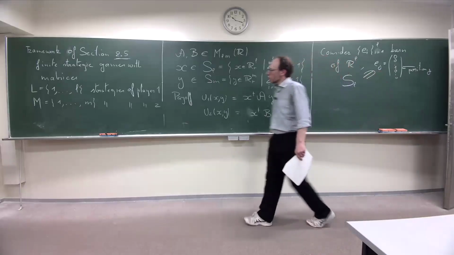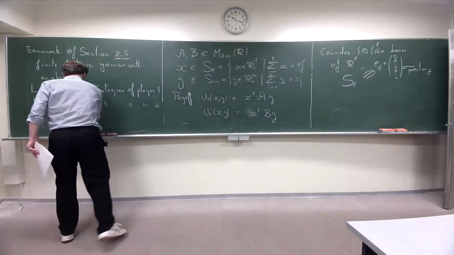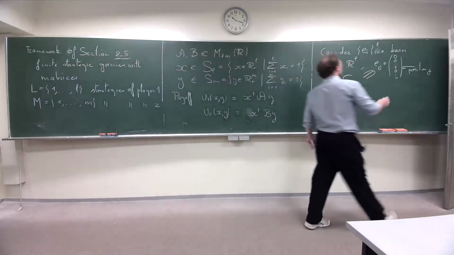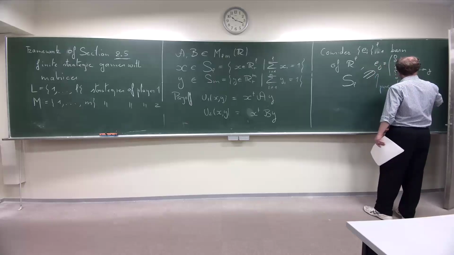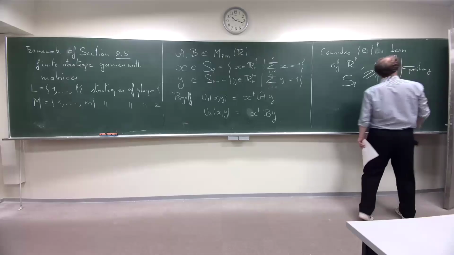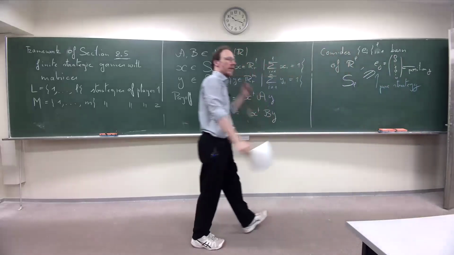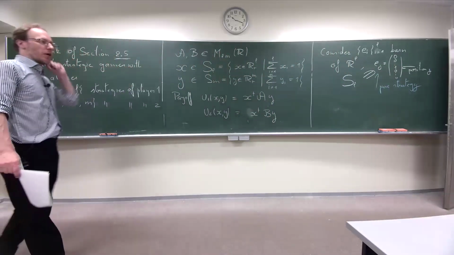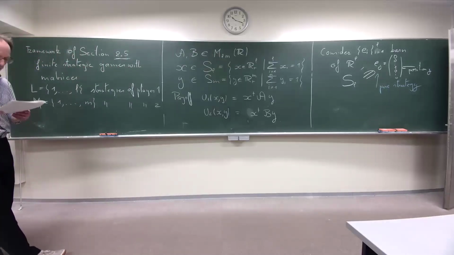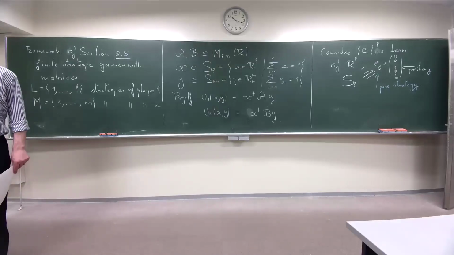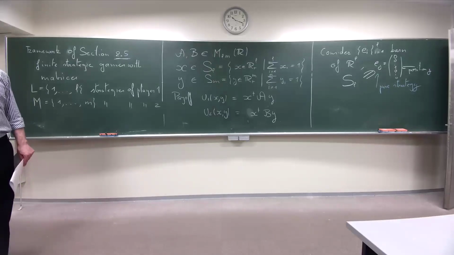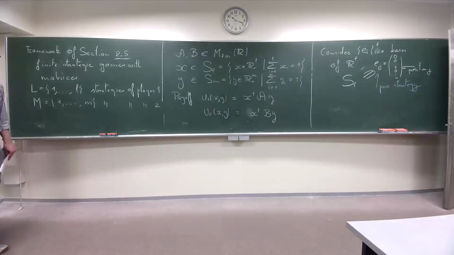In fact, it's a pure strategy because it uses only one strategy. It's not a mixed strategy, it's a pure one. So we have L pure strategies for player 1 and M pure strategies for player 2. Any question? I know it's already probably 3 months old, but this is the framework of section 2.5.